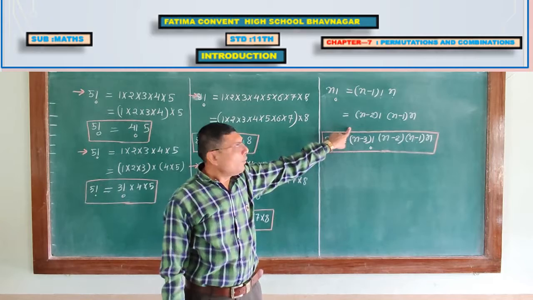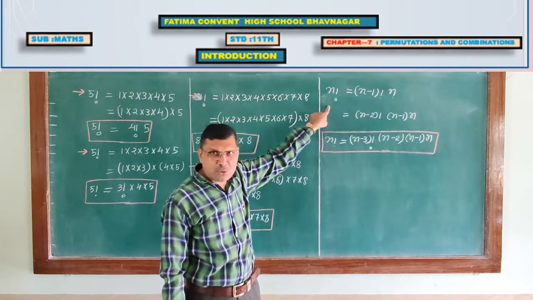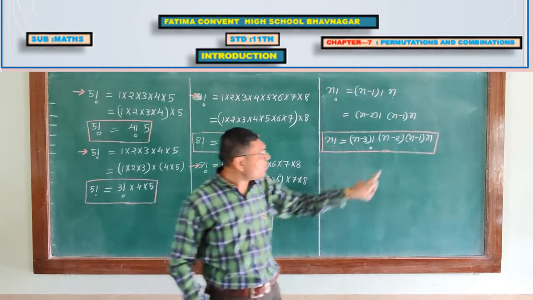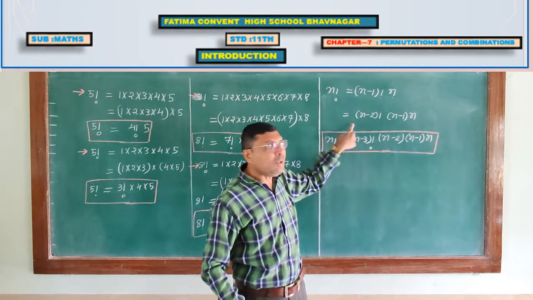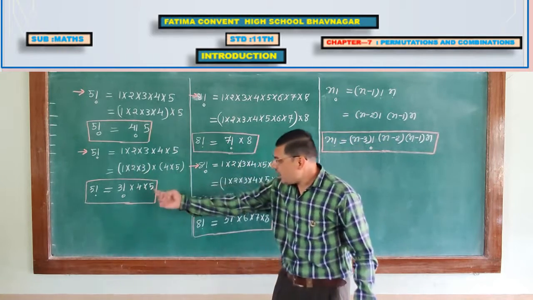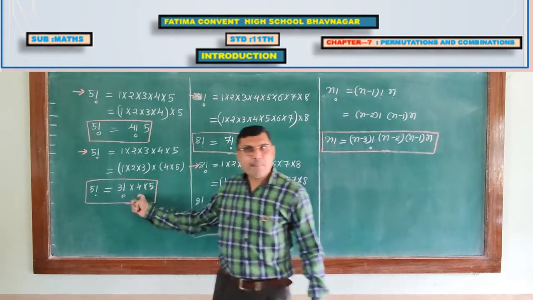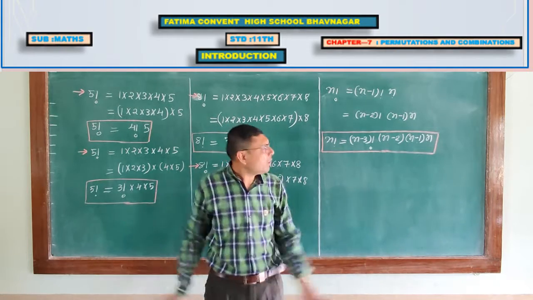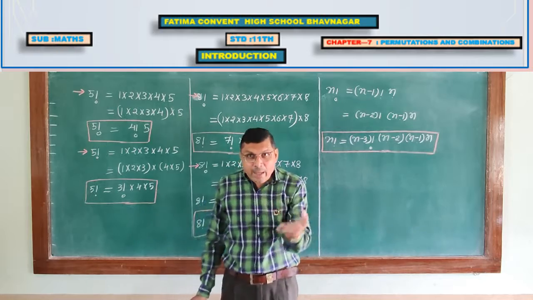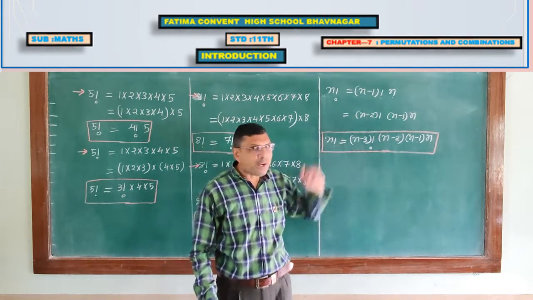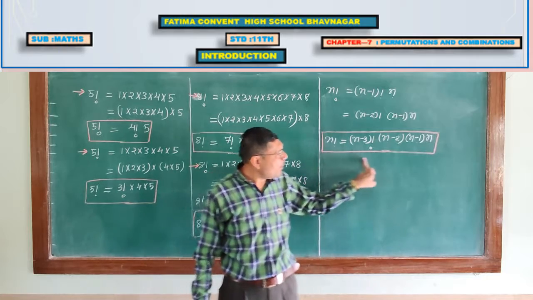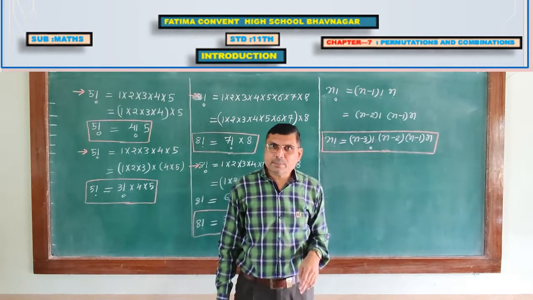One more: n factorial I may express in this form also, n into n minus 1 into n minus 2 factorial. See here, 5 minus 1 is 4, this is your 4. N minus 2 is 3 factorial. And similarly, you can go ahead.